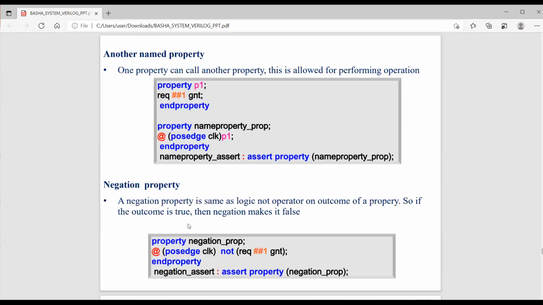We have one more thing, the negation property. It's the same thing, but here you write the not keyword directly inside a property. By using this not keyword, if the entire condition is true, you are making it false. So when your condition is false inside a property, your property will also fail. That is called a negation property.